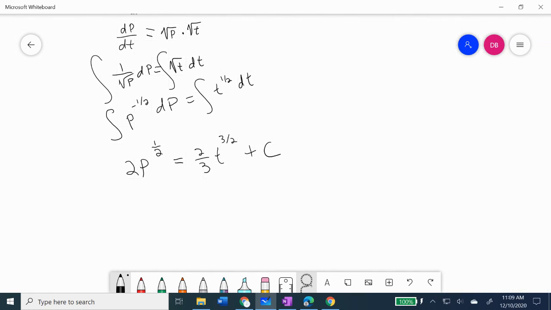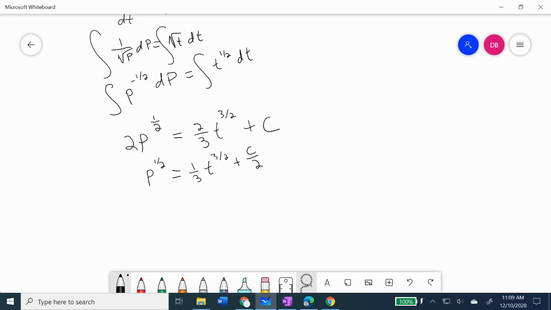I can isolate my p. I'm going to first divide by 2. That's going to give me 1/3 t to the 3/2 plus some constant divided by 2, which could morph into just another general constant.